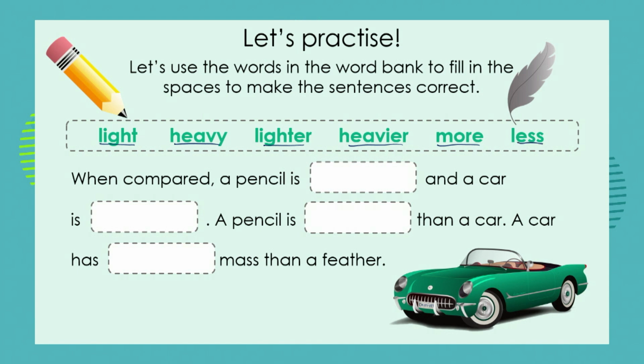Now our two objects that we are going to compare is a pencil over here and a feather. Now let's read the sentence together. When compared, a pencil is, missing word, and a car is, missing word. So now we have the pencil, the feather, and the car.